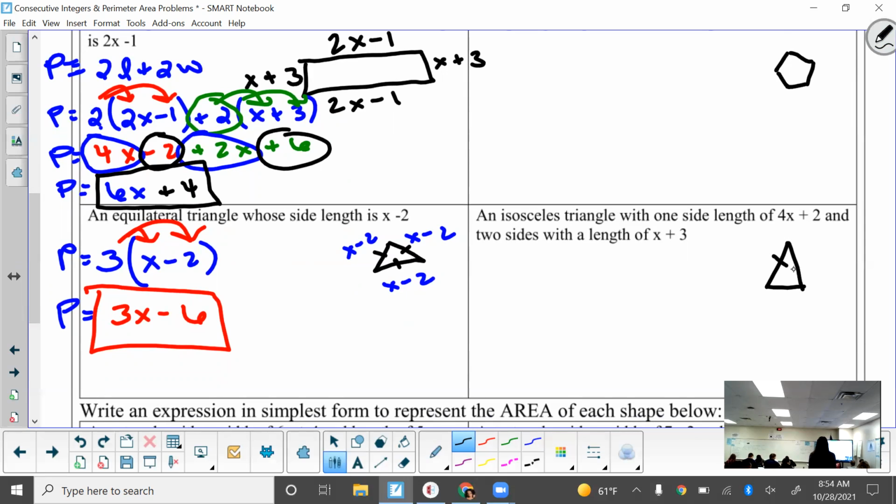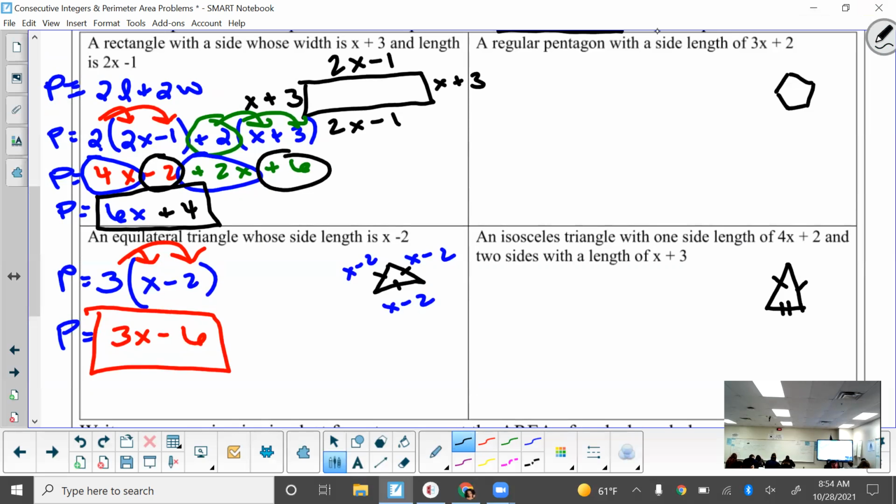So like these 2 sides could be the same and this one over here is different. That's why it says in the description, one side length of 4x plus 2 and 2 side lengths of x plus 3. 2 of them are equal. All right, so try those 2, set up the expression and then make sure it's in simplest form.